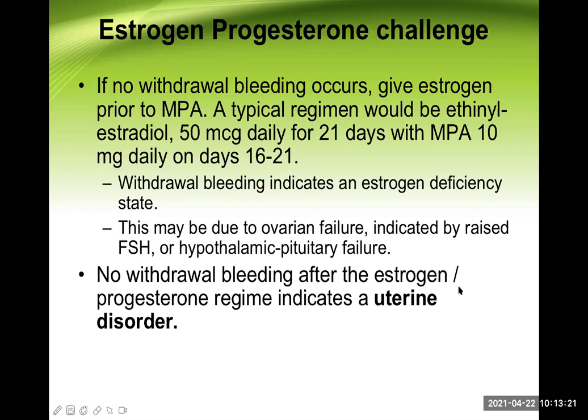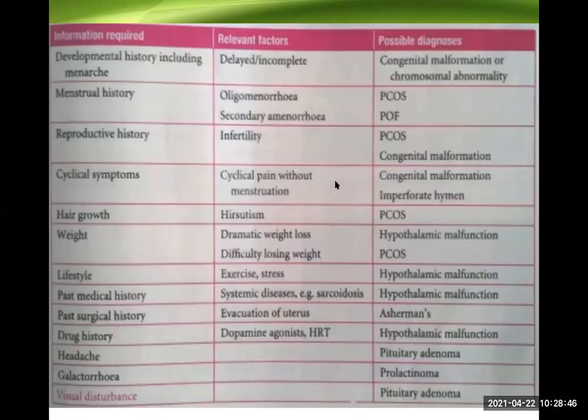So these are some of the important concepts here. Now see here, this table is a very summarized version of the important points regarding diagnosis. Certain points are from the history and certain from the physical examination. When we ask about the developmental history and the onset of menarche, if they are delayed or incomplete, then we think about congenital malformation or chromosomal abnormality.